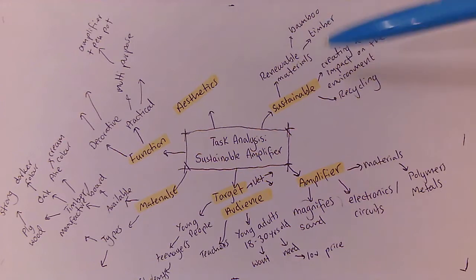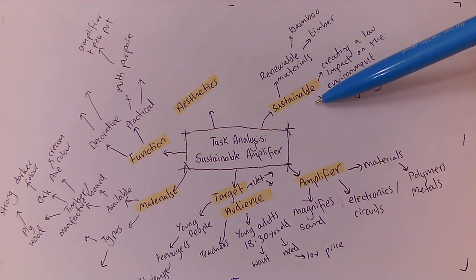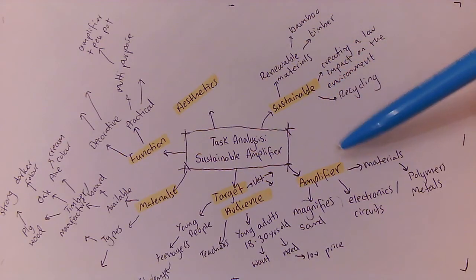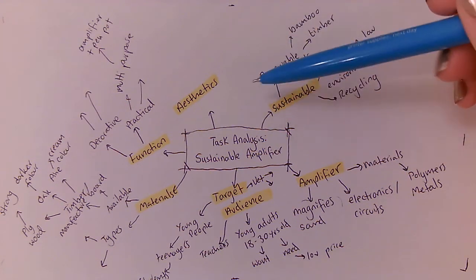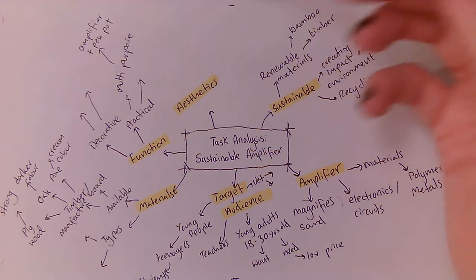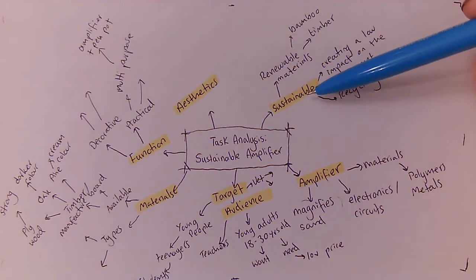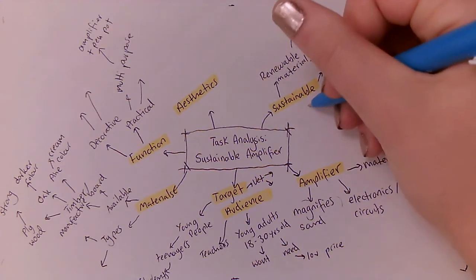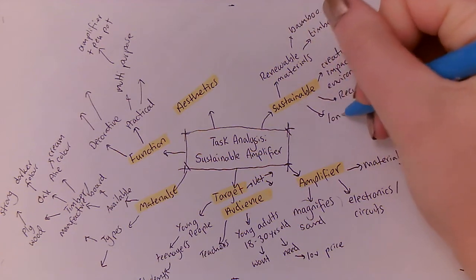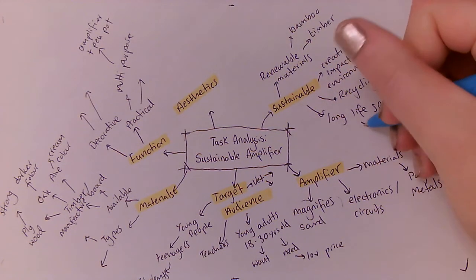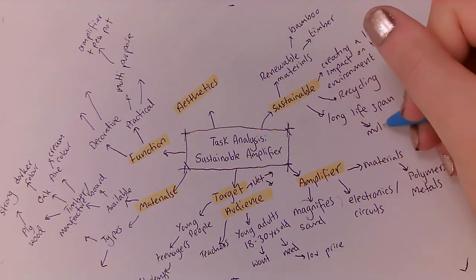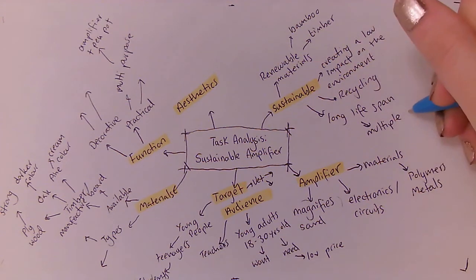That could also link to sustainability because it gives it more purpose. It means that it might last a little bit longer. Once the amplifier element maybe doesn't work, the pen pot would still work, or vice versa. So linking back to sustainable, so I could put here long lifespan. And then again branch out, multiple functions.